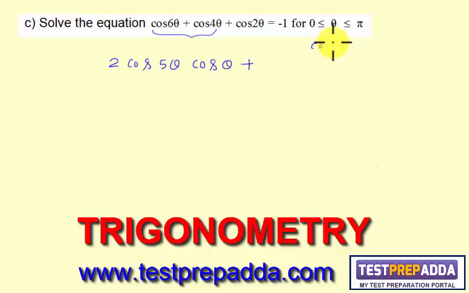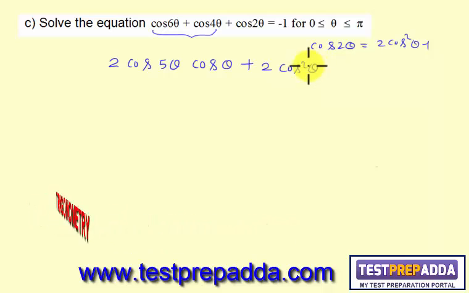Recall cos 2 theta is equal to 2 cos square theta minus 1. So cos 2 theta plus 1 can be written as 2 cos square theta, and that will be equal to 0.